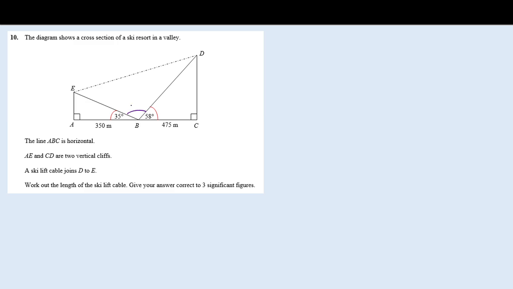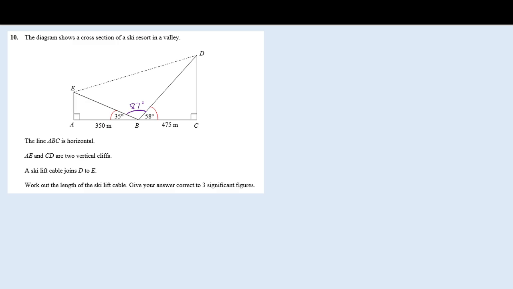I've been told that this is 35, this is 58, and I can work out that bit in the middle just from doing 180, take 35, take 58, which is 87. And there's nothing wrong with just taking a diagram that you've been given and adding as much information as you can to it.